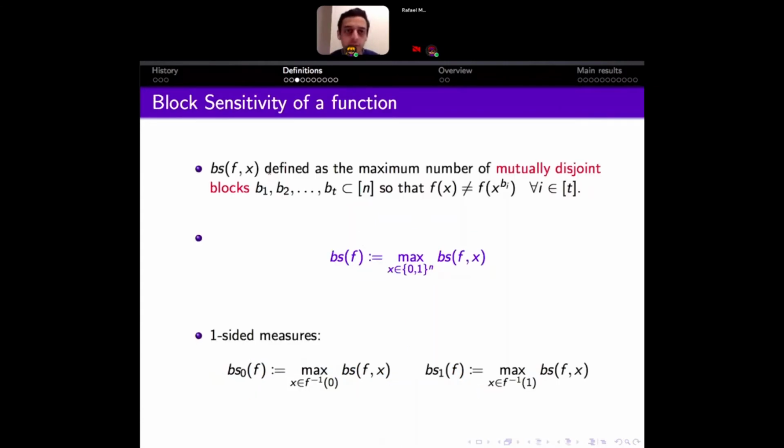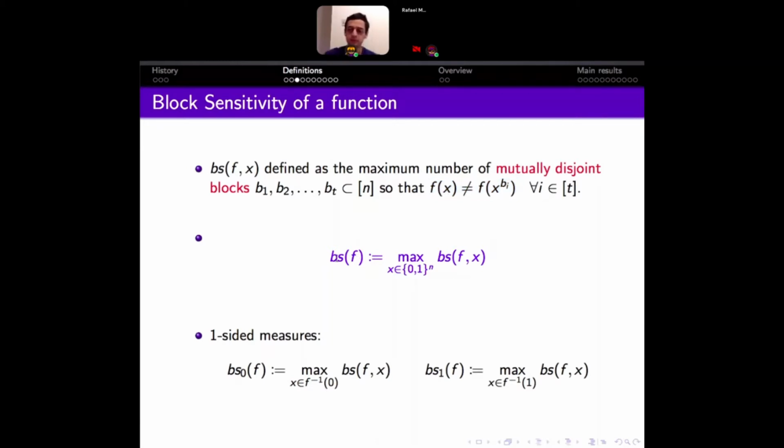Now let's define the block sensitivity. Instead of allowing single bits to be flipped, we now allow blocks of bits to be flipped. In particular, for any input x, we choose mutually disjoint blocks B1 to Bt so that if you flip any of them, the function changes value. So the block sensitivity at x is defined as the maximum number of such mutually disjoint blocks, so that the function value is different at x and x to the Bi for each block.